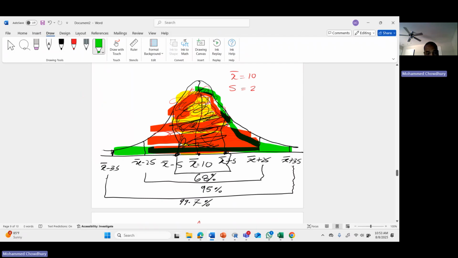So let me give a specific example. Suppose k equals 2. What percent? 1 minus 1 over 2 square, which is three over 4, which is equal to 75%. So within two standard deviations, 75% of the data fall from the mean.